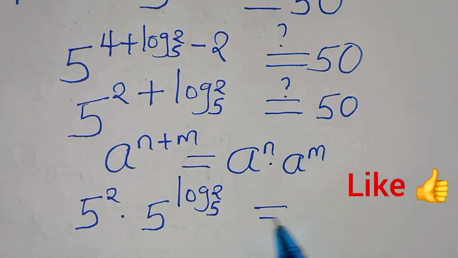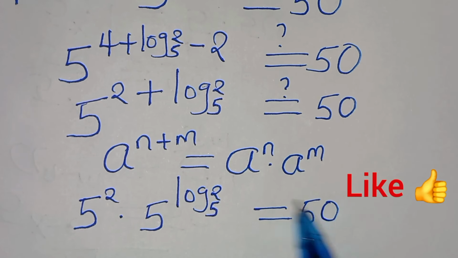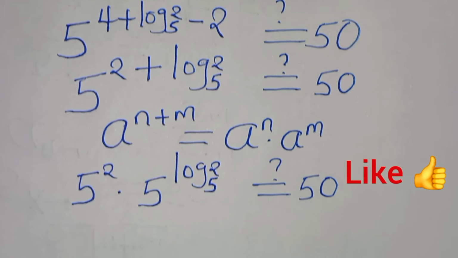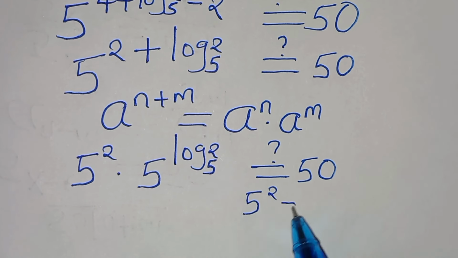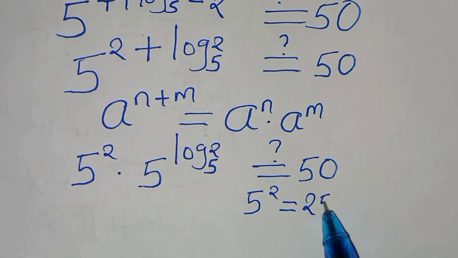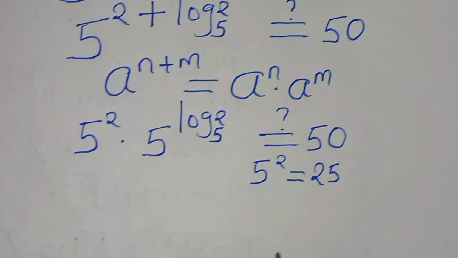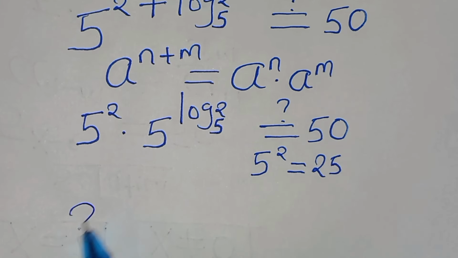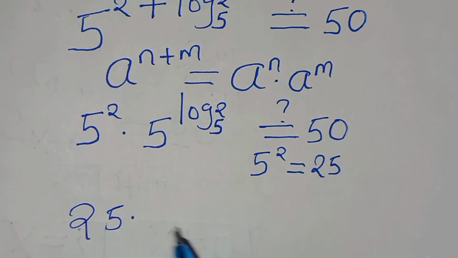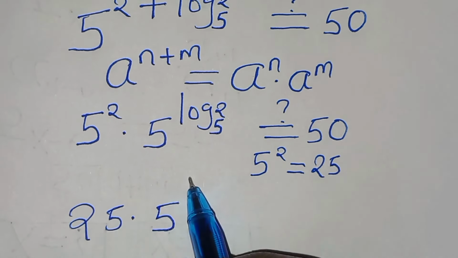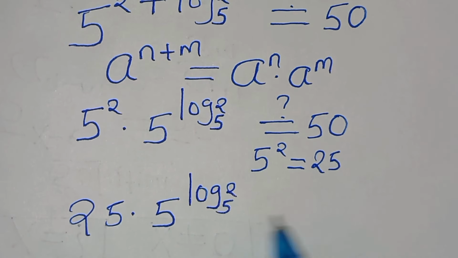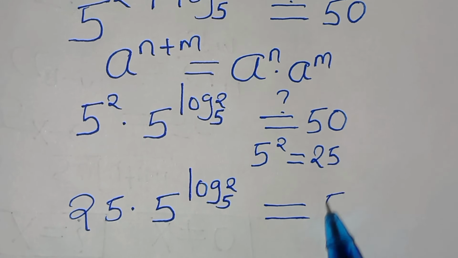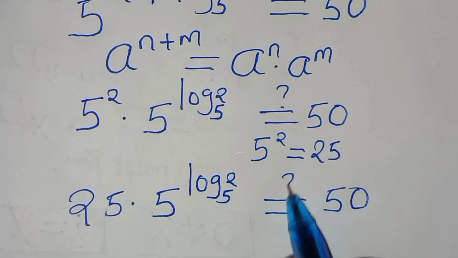This should give us a value of 50. 5 to the power of 2 is the same thing as 25. So we have 25 here, multiplied by 5 to the power of log 2 to base 5. This should give us a value of 50.